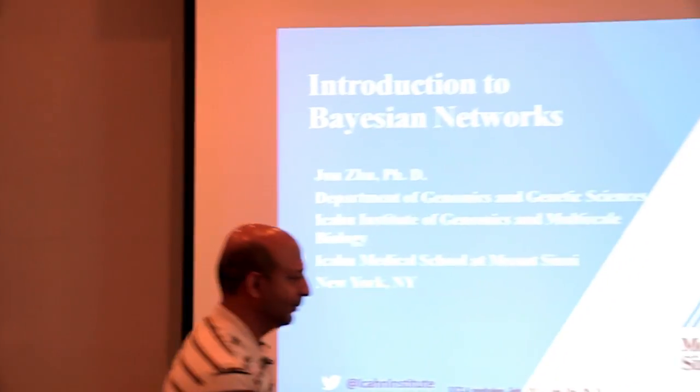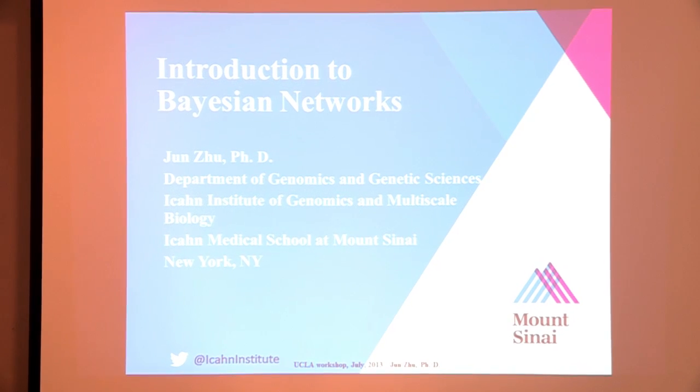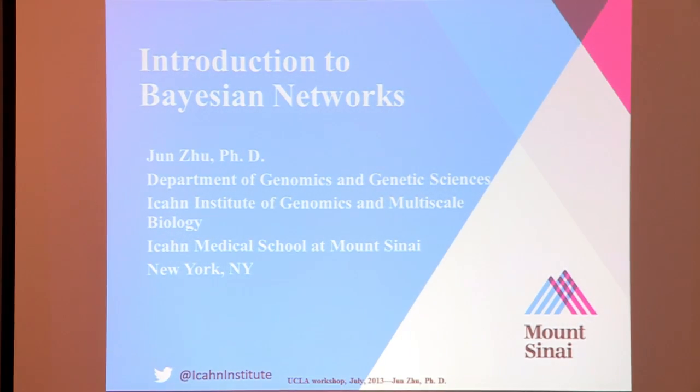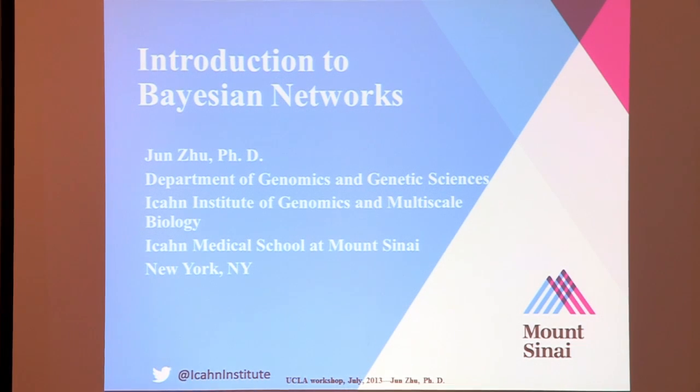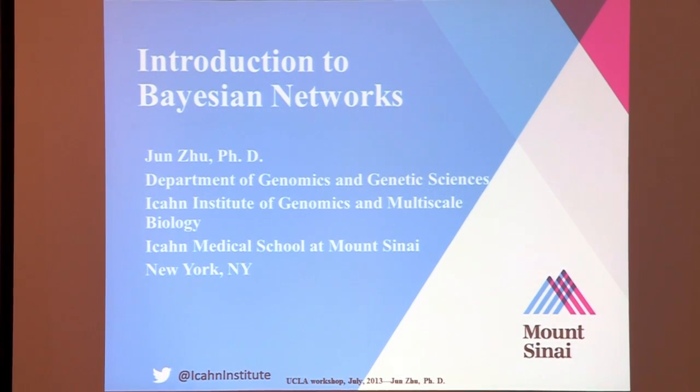I'm not going into the detail of the mathematics, because a lot of different branches are very active. One thing can be talked about for days. So I'm just going to cover the practical things if you want to use it, and how to use it, and if you want to see other people's work, what it means when they talk about it.